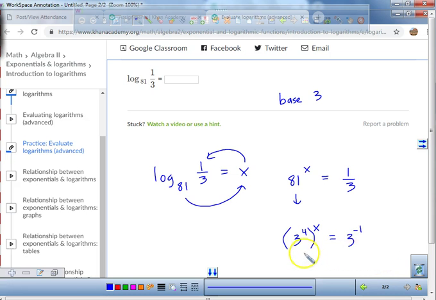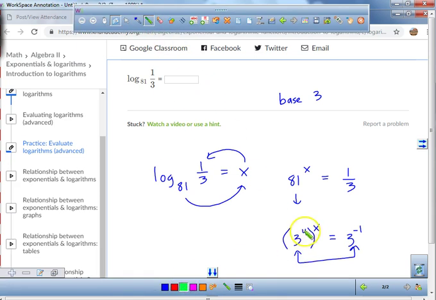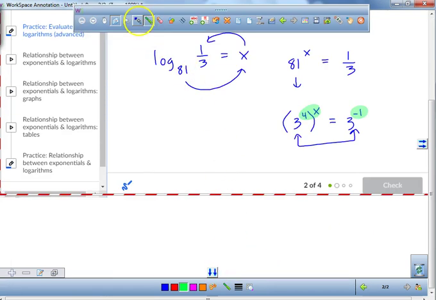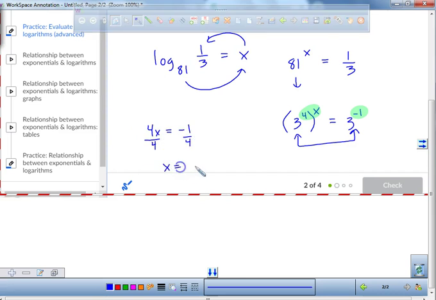So now that these bases are exactly the same, I can simply set this equal to this. Well, what can I do with these powers? I'm allowed to multiply them. So you're going to say 4x equals -1. And then you're going to divide both sides by 4. And you get x equals -1/4.